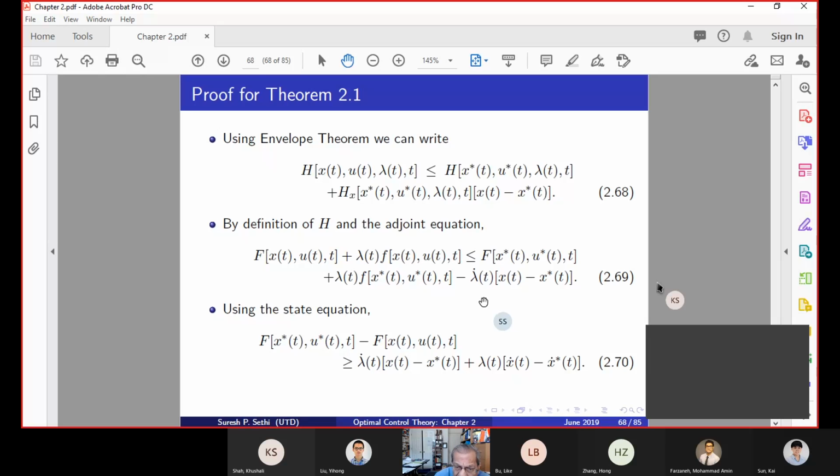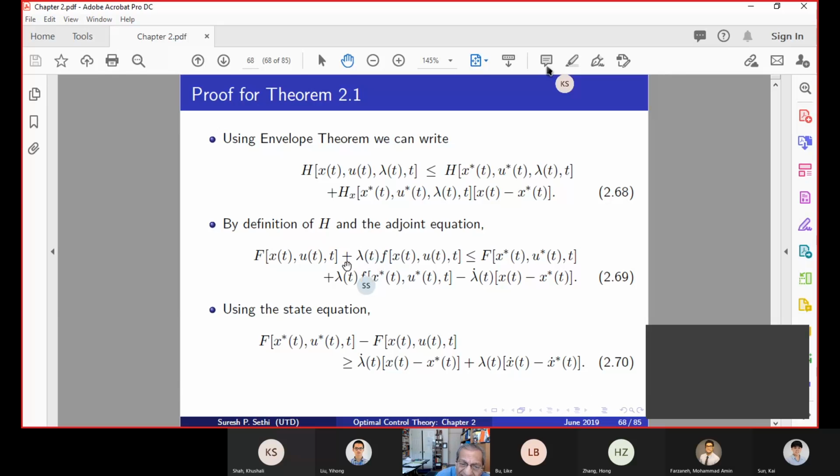But now what I can do is put this and this on this side, which is actually on that side, so that is the bigger-than-or-equal side. And the other things come on this side. What comes on this side is lambda dot times x(t) minus x star, and this one and that one can be written as x dot minus x star dot.